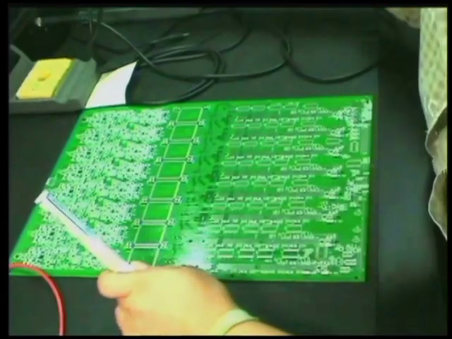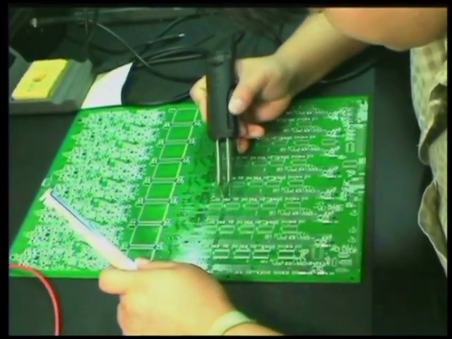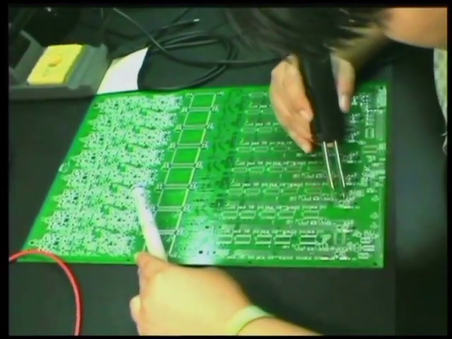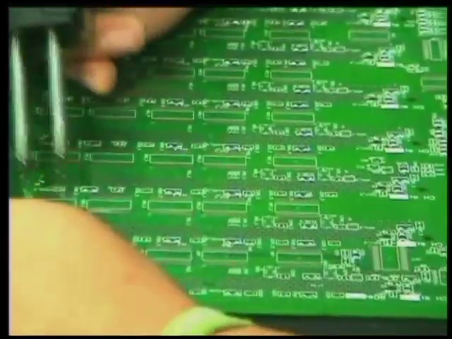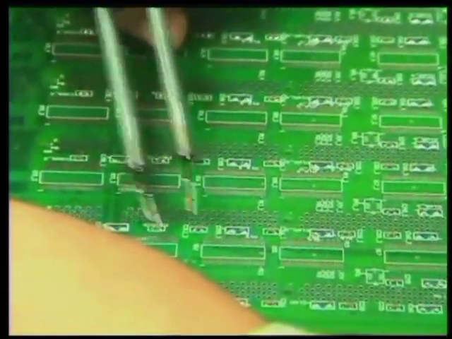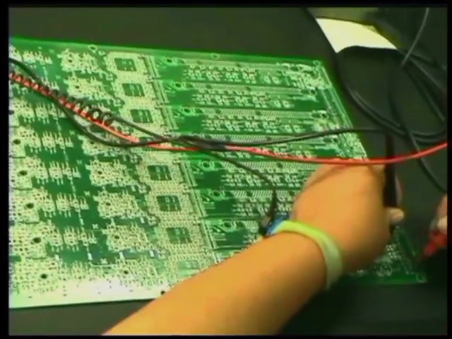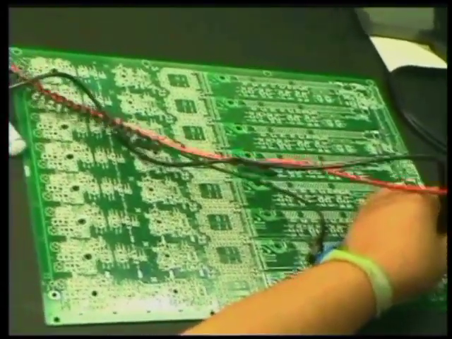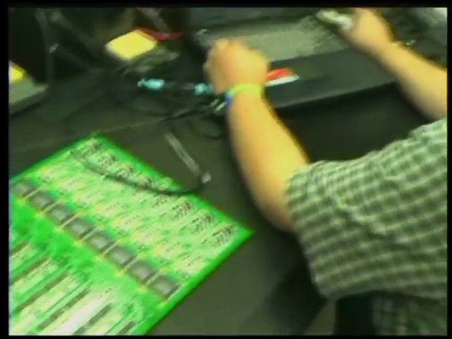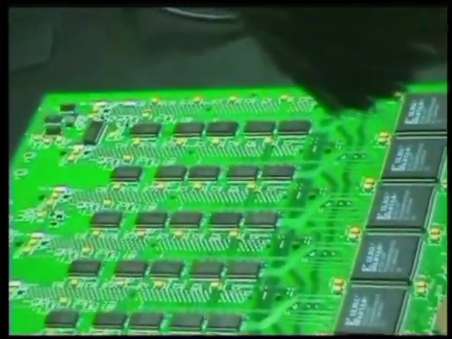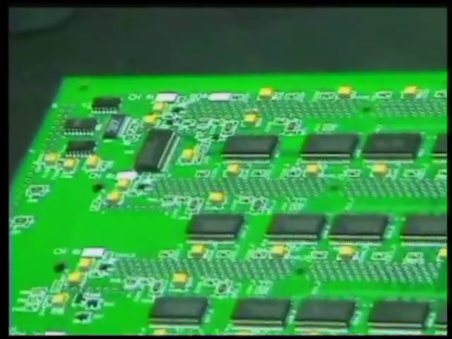These are FPGAs. They line up. Each FPGA controls one channel. We have 128 channels in total. These are analog amplifiers and FPGAs, and in the back the digital memory systems.